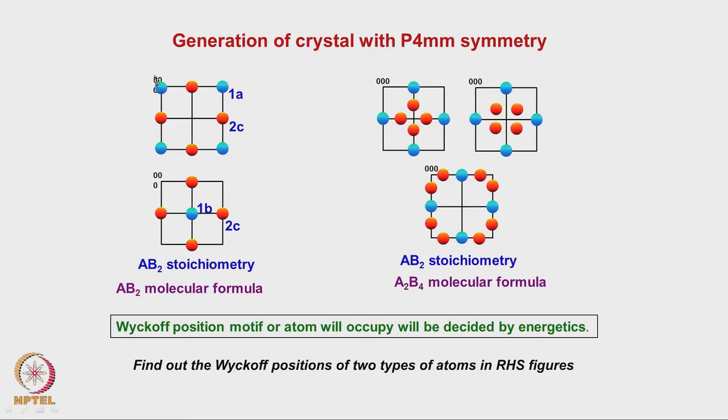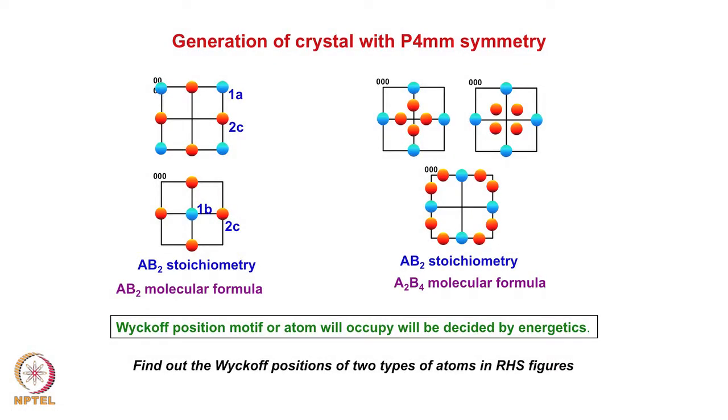So essentially, the last slide which we used was to generate a crystal with P4 symmetry and having stoichiometry AB2, and with two different molecular formulas. One is having an AB2 stoichiometry, this one molecular formula, another is A2B4, correct?